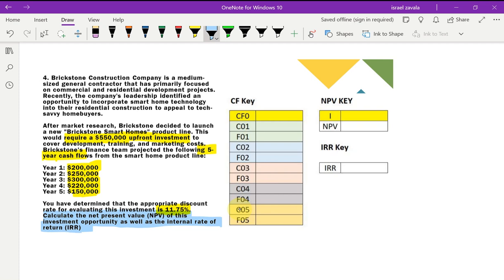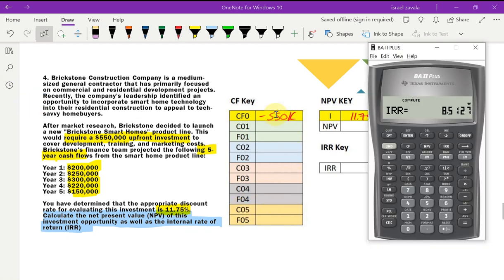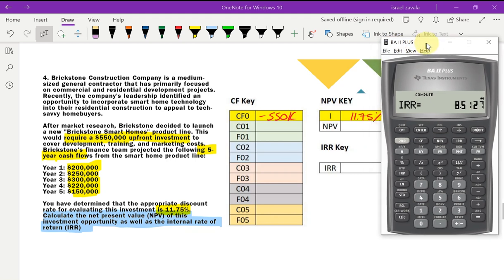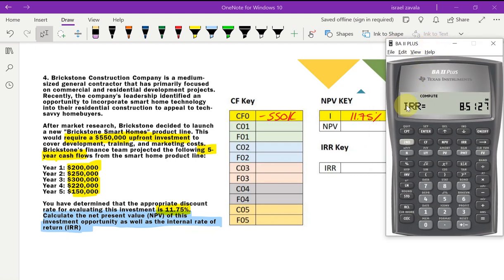Okay, easy enough. So let me just put in a few things here. Our initial investment is $550,000. Our discount rate is 11.75%. And let's put our information into our financial calculator. We're going to go to cash flow, second clear. So our initial investment, $550,000.